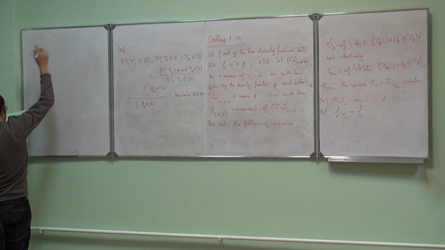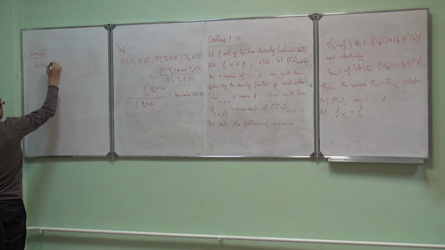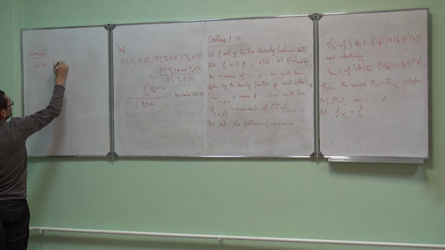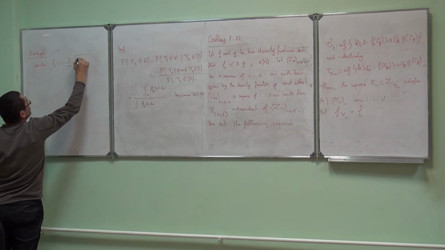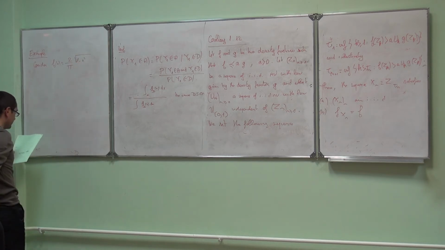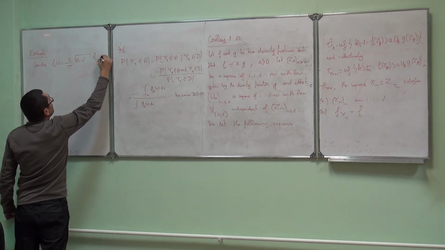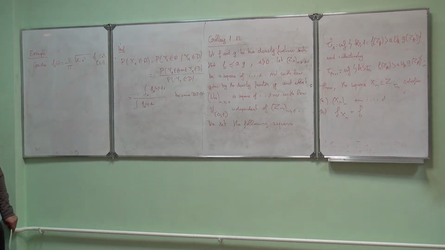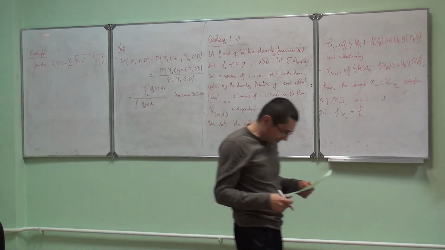Consider f of x equals 2 over pi times the square root of 1 minus x squared, indicator function of minus 1, 1 of x. This is a density function.